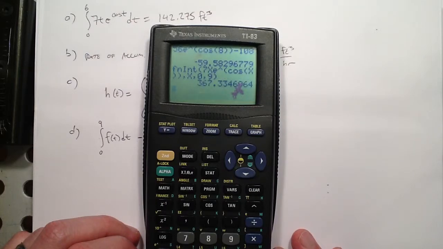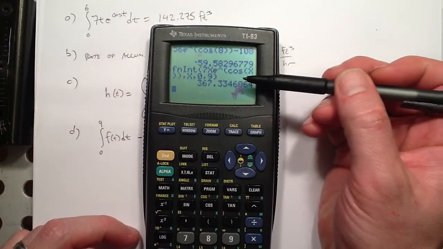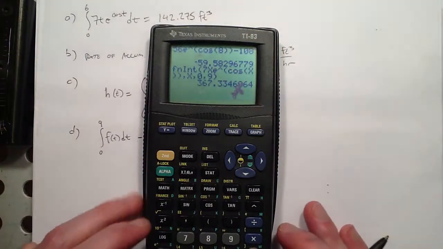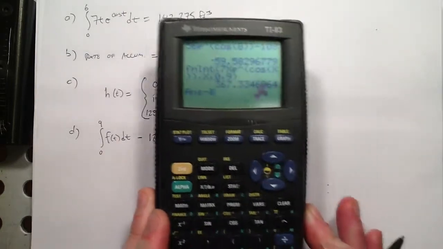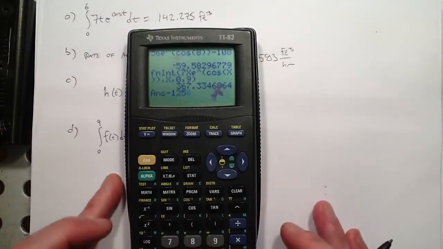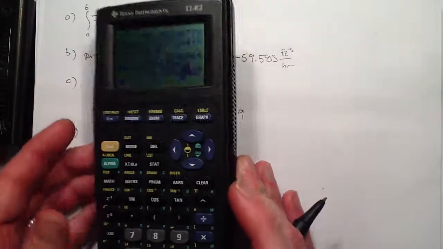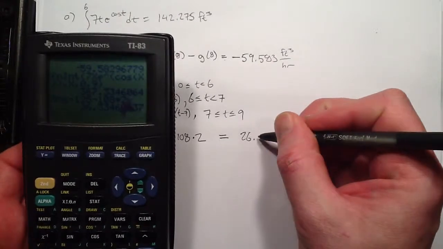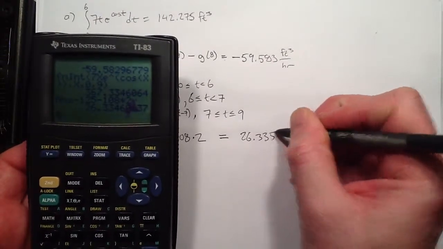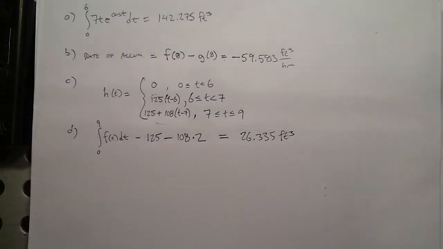Sorry, old TI-83 has to think very hard. 367.33335, and then I'm going to subtract 125, and then I'm going to subtract 108 times 2. And that gives me 26.335 cubic feet of snow. All right, good job, Janet. That's not very much snow.